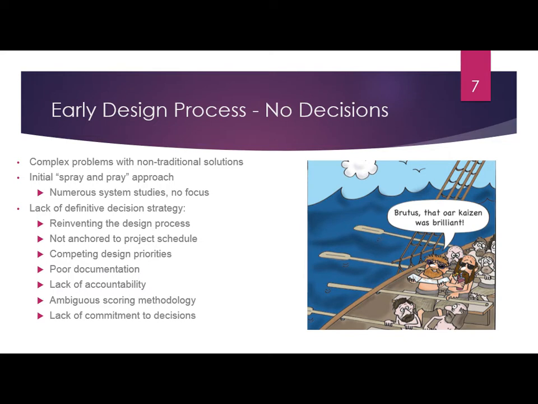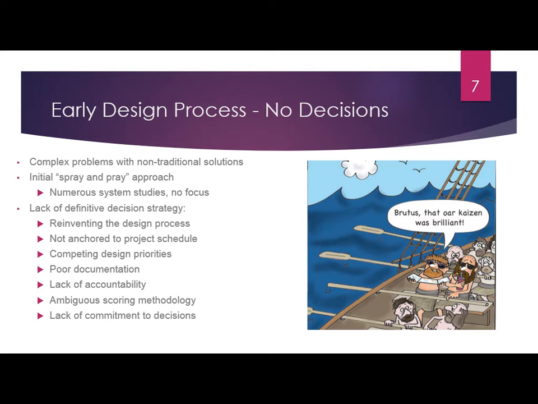So before we intervened in this project, before we started to implement lean, this was the situation. They were trying so many innovative things in this project that they couldn't keep up with the design. It was so convoluted. Numerous system studies. They were making a study for this and that, with no focus on anything and no decisions being made.